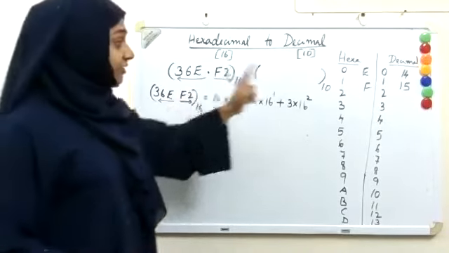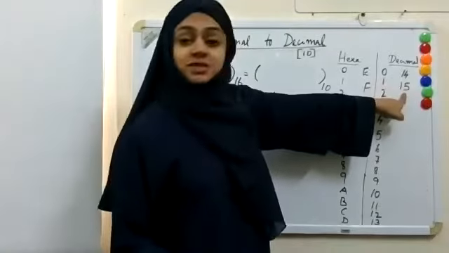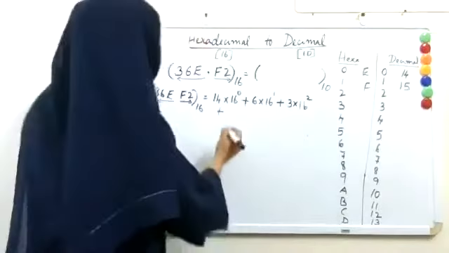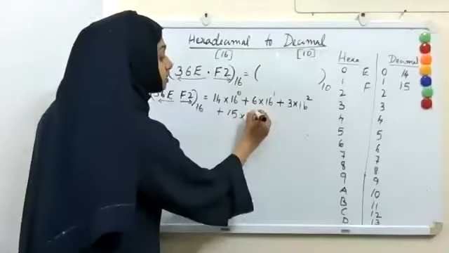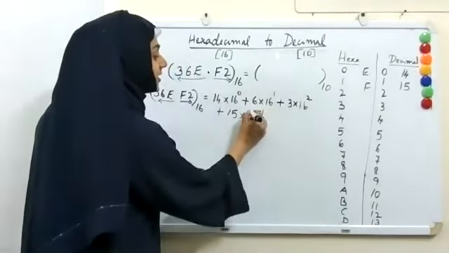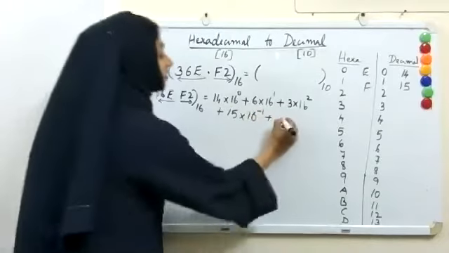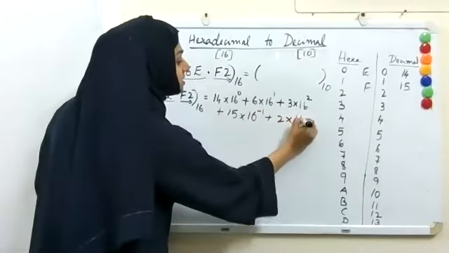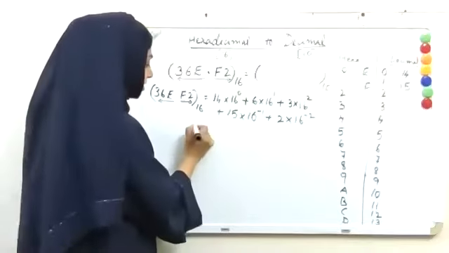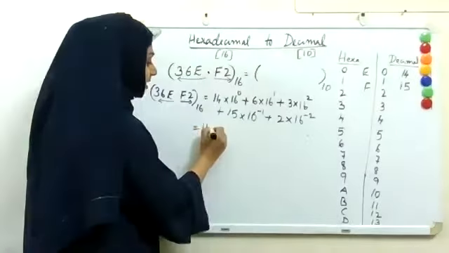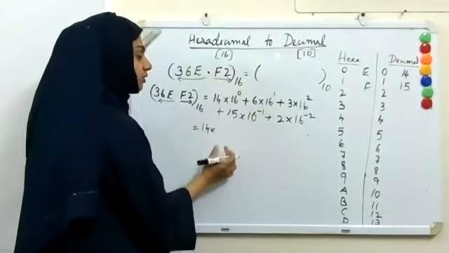F. So F corresponds to 15. So I'll write here 15 times 16 raised to minus 1 plus 2 times 16 raised to minus 2. Like this. So this is equal to 14 times 16 raised to 0.